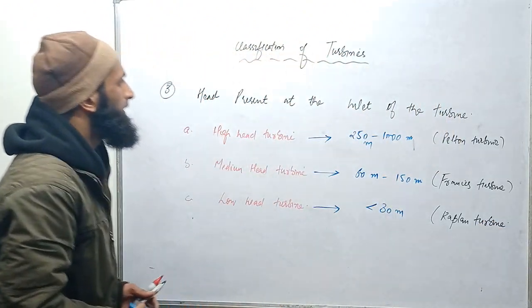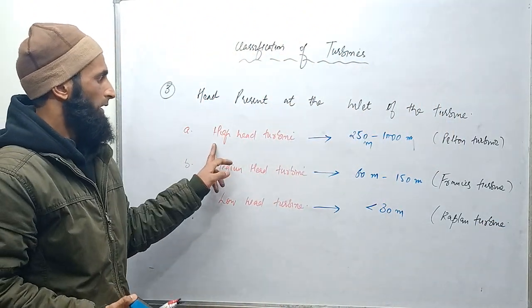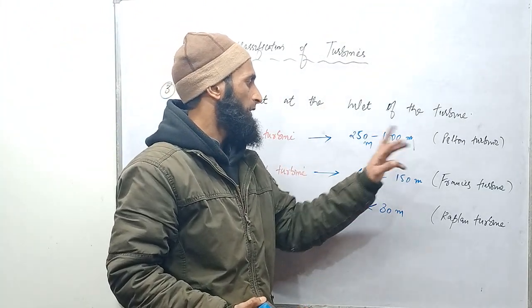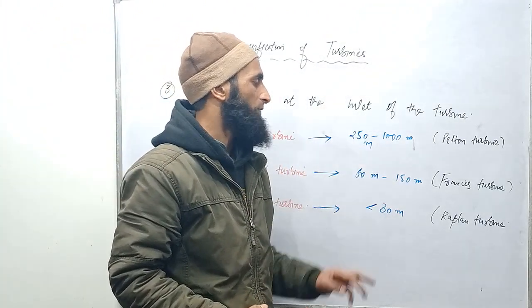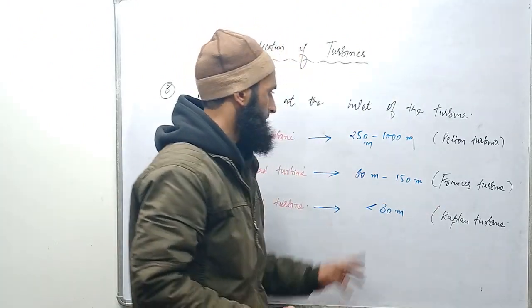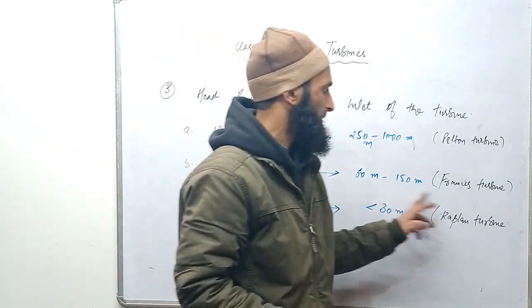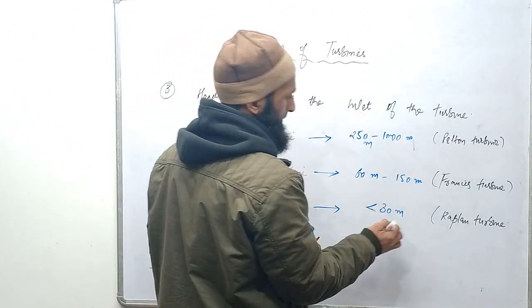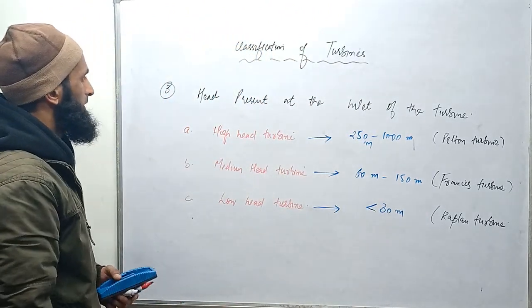So if the head is from 250 meter to 1000 meter, that turbine is Pelton turbine. If the head is from 60 meter to 150 meter, that is Francis. And if the head is less than 30 meter, that type of turbine is Kaplan turbine.